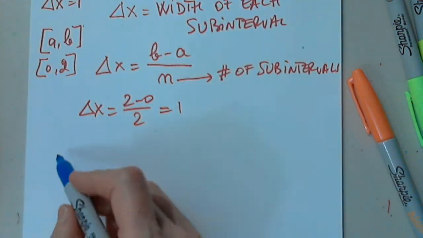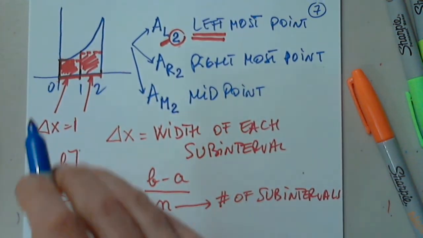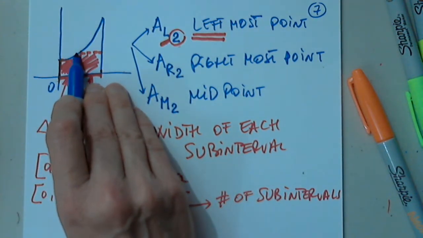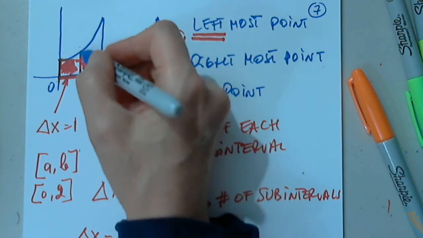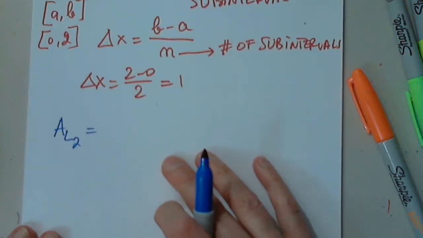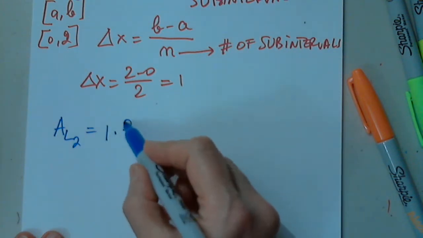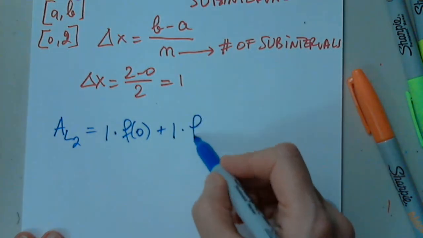So how do I write A with left 2? Base times height plus base times height. What is the height? F of 0. What is the height here? F of 1. So I have base 1 times the height, F of 0, plus base 1 times F of 1.